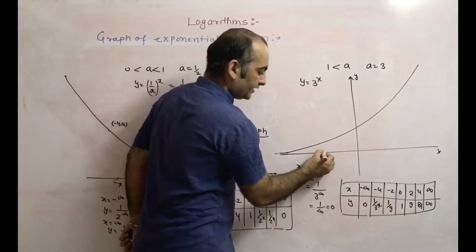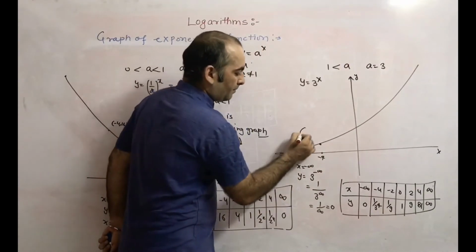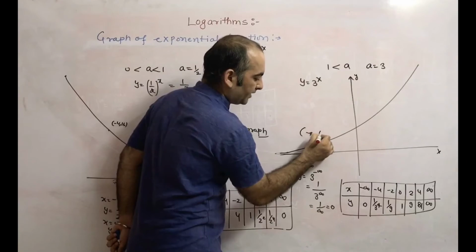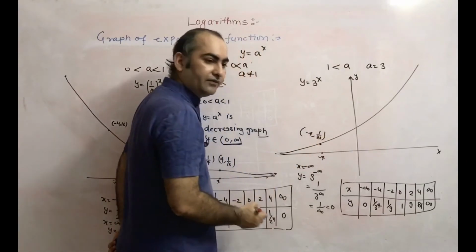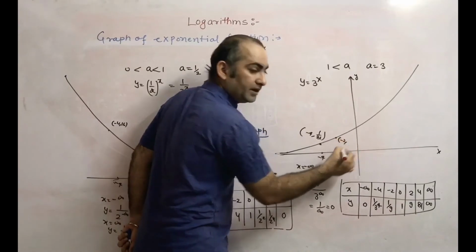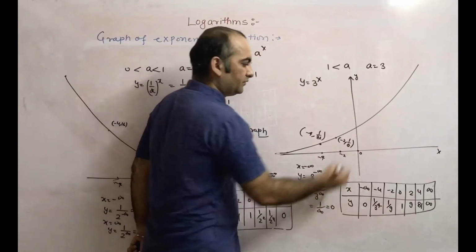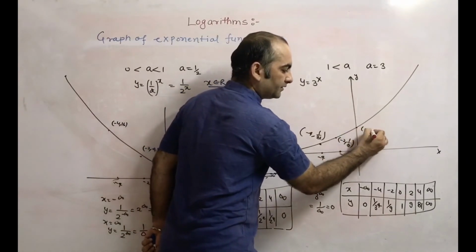If you see this point, suppose minus 4, then this point will be minus 4 comma 1 by 81. If I take minus 2, this point will be minus 2 comma 1 by 9. With respect to 0 we are getting 0 comma 1.